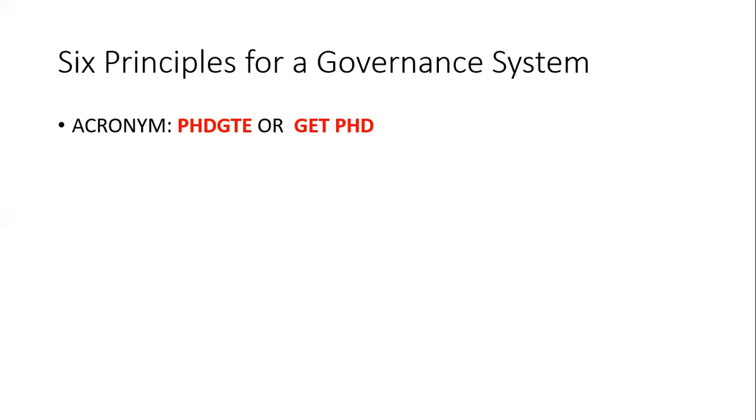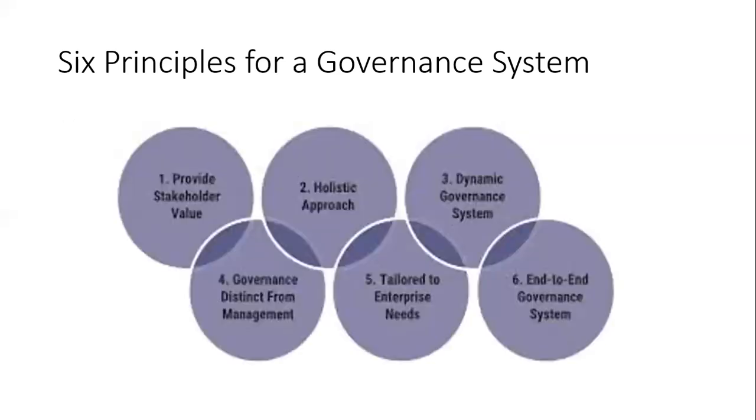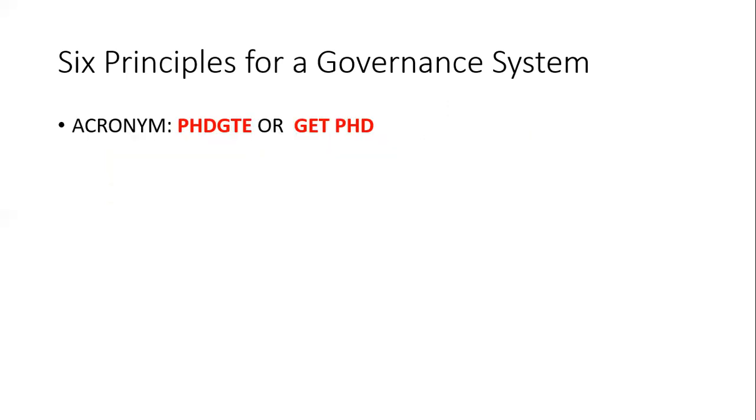If you want to make it easier to remember, you can call it Get PhD. You can't forget Get PhD. And of course there's basically no order, so you can always remember the 6 principles with that Get PhD.